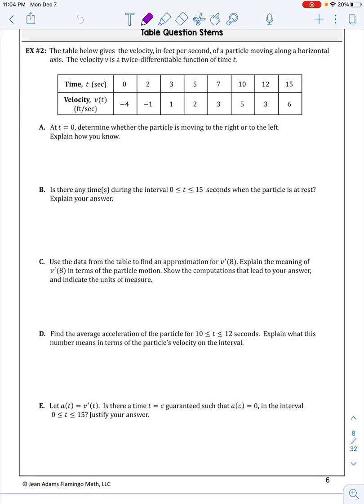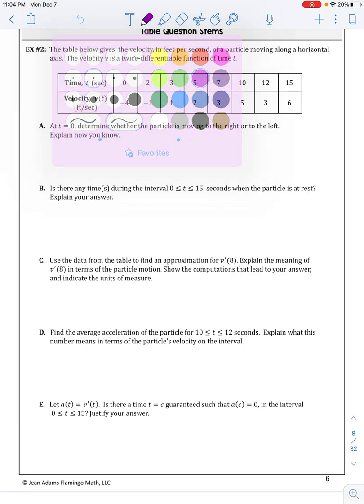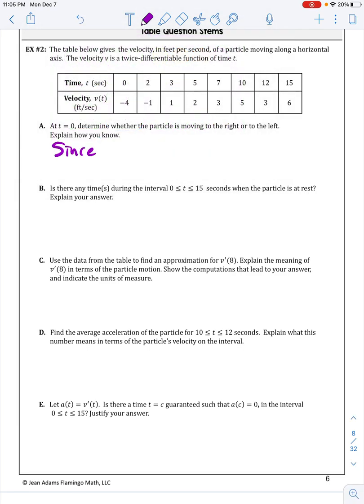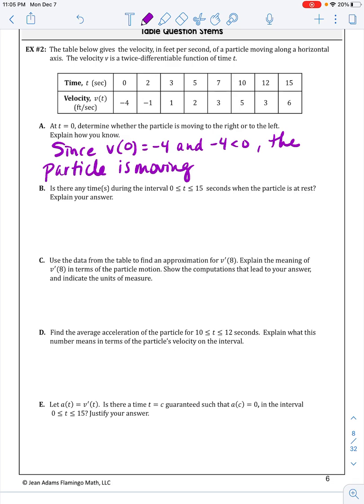So I would say that since my v of 0 equals -4, and -4 is less than 0, the particle is moving to the left at a rate of 4 feet per second.